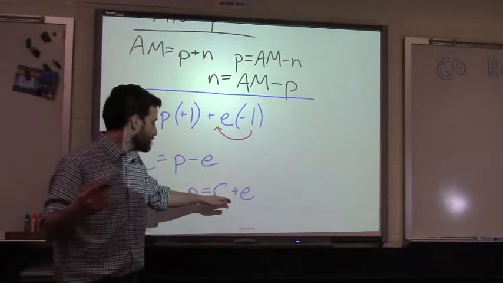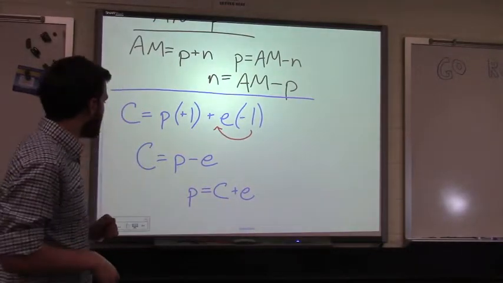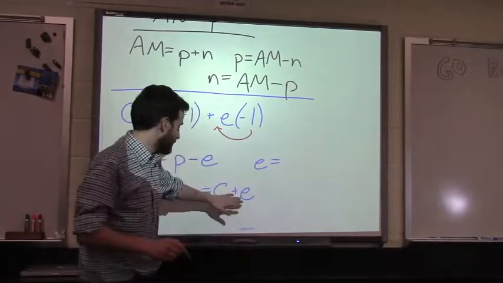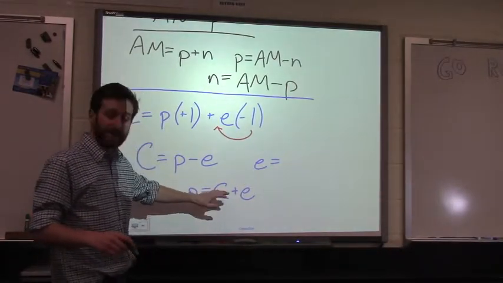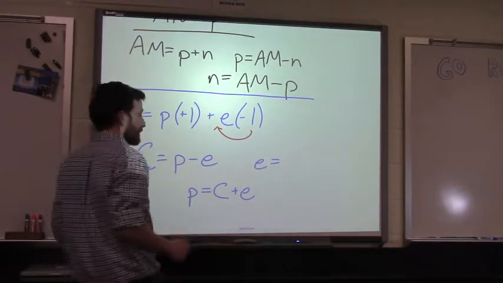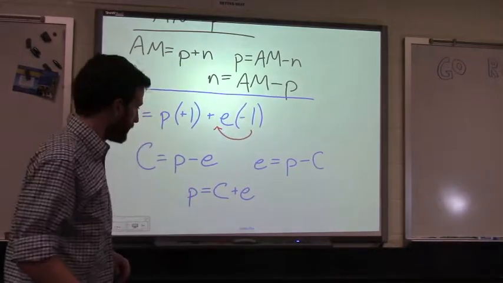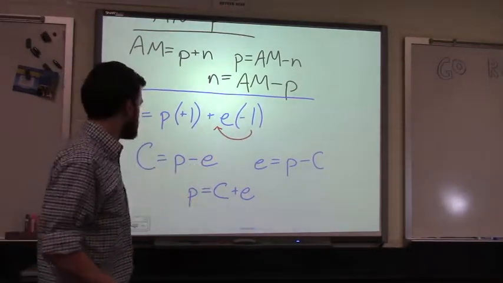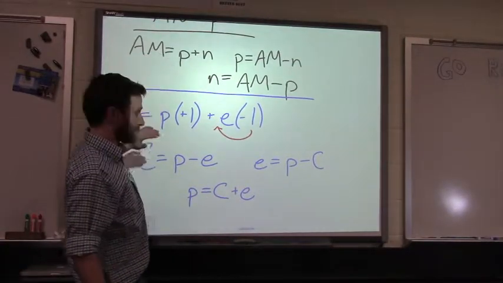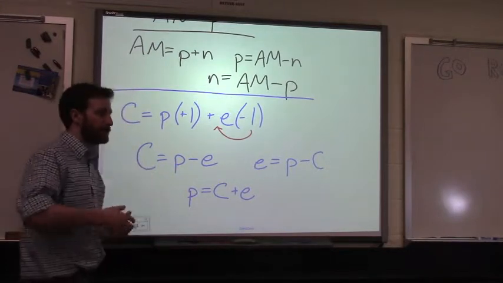So given the charge and given the number of electrons, I can calculate P. And then lastly, E: if I take this equation I just made and I subtract C from each side, E, the number of electrons, equals P minus C. All right, so these equations for determining atomic mass and for determining charge are very important as you start to play around with it.